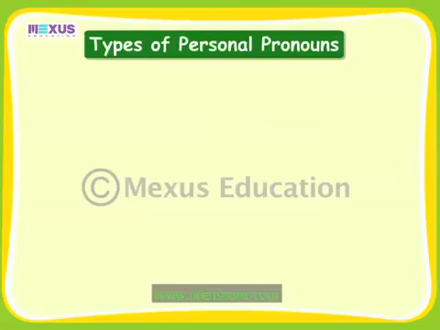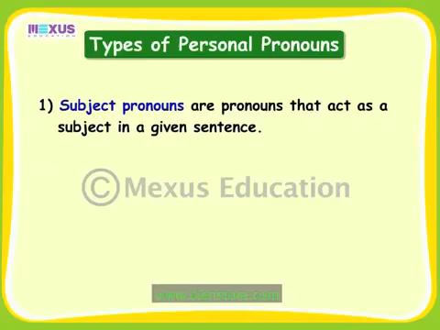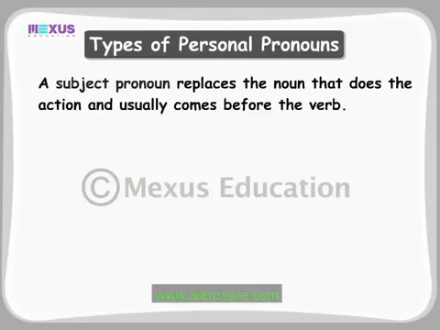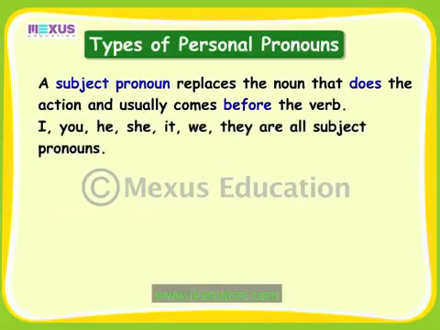There are two types of personal pronouns. Subject pronouns are pronouns that act as a subject in a given sentence, and object pronouns are pronouns that act as an object in a given sentence. A subject pronoun replaces the noun that does the action and usually comes before the verb.